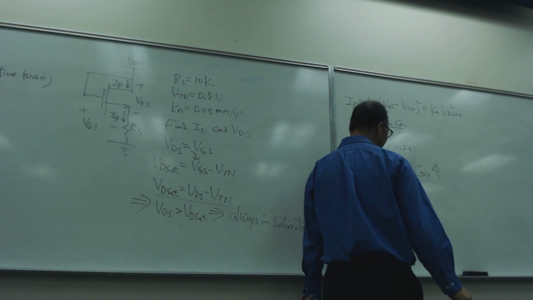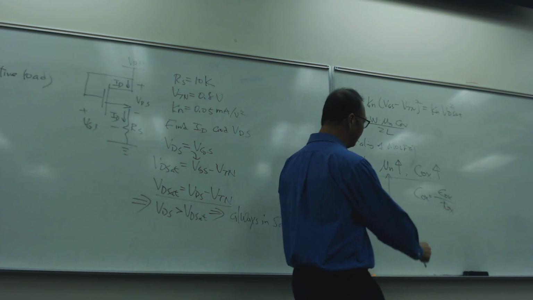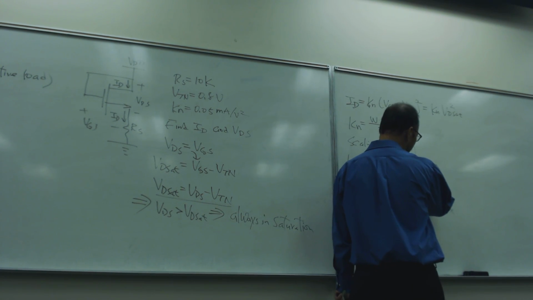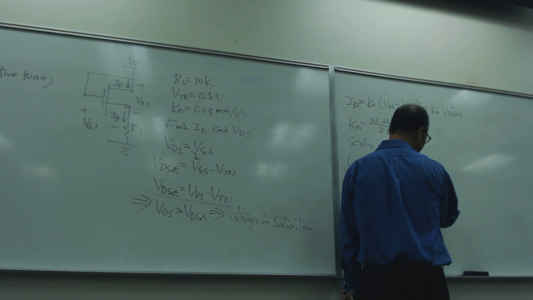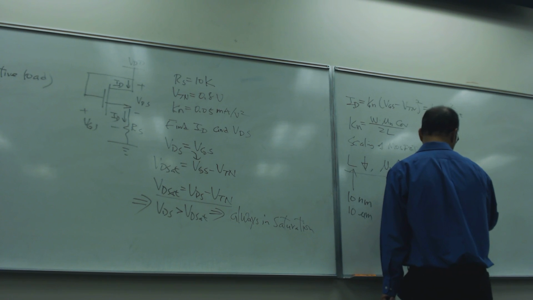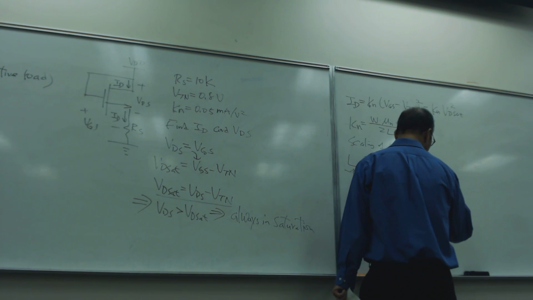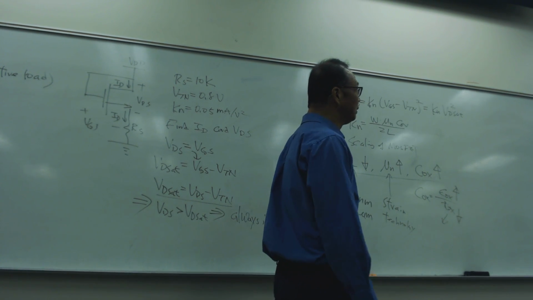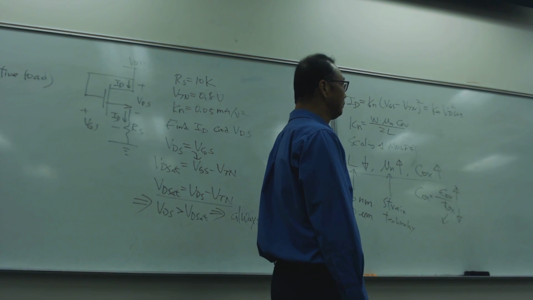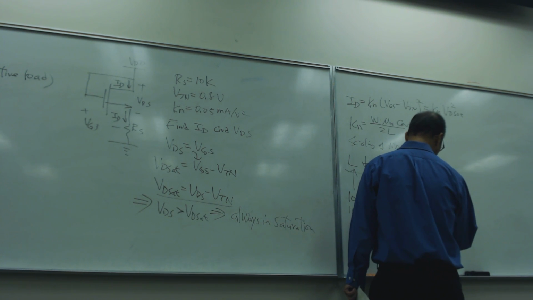And how do you increase C oxide? C oxide is equal to epsilon oxide over T oxide, correct? Epsilon oxide is the dielectric constant of silicon dioxide, and T oxide is the thickness of the oxide layer. So try to increase this, try to decrease that. Currently, T oxide has been reduced to just a few angstrom, like 5 angstrom.